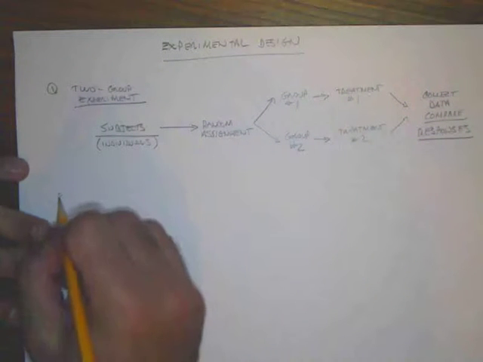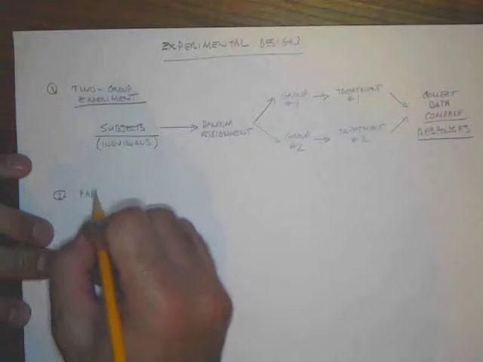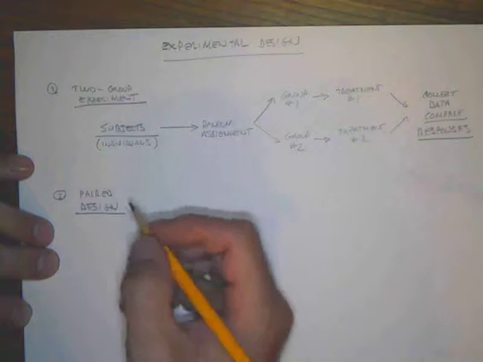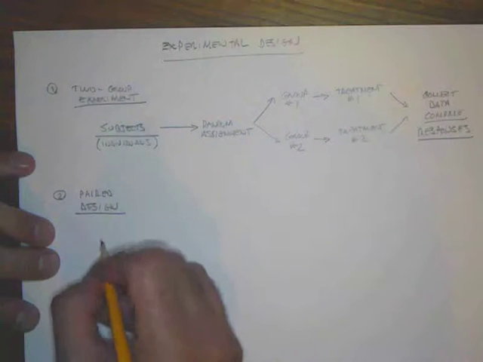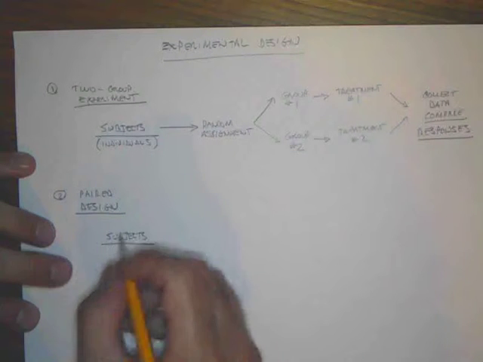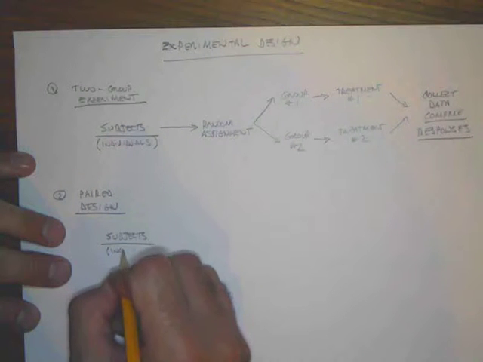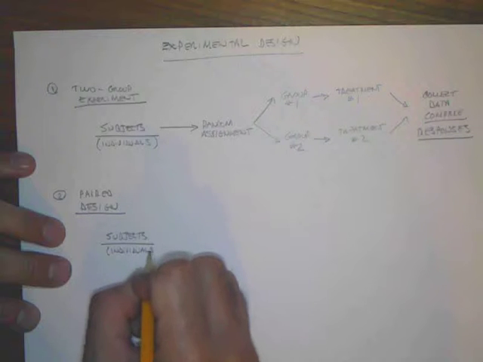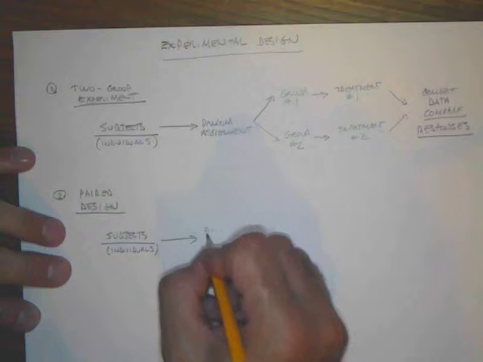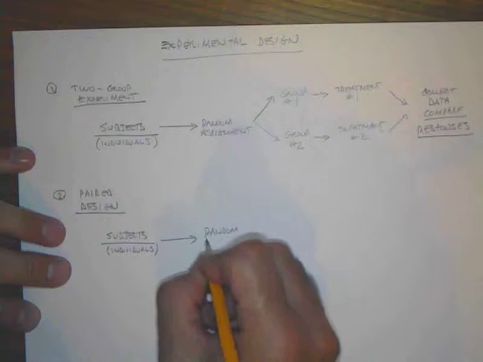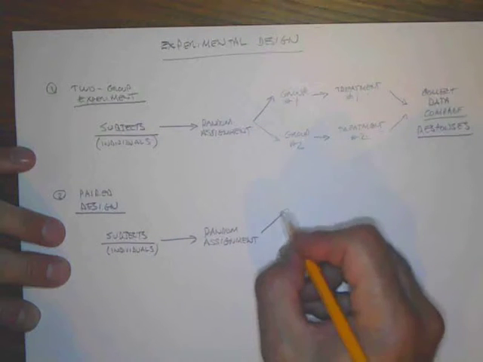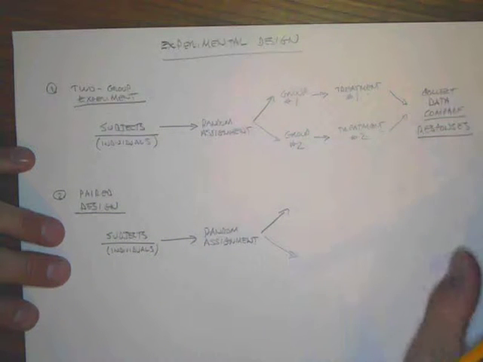The other type of experiment is called a paired design. And in this case, we start again with subjects, which is another word for individuals, and we again randomly assign in one of two directions.